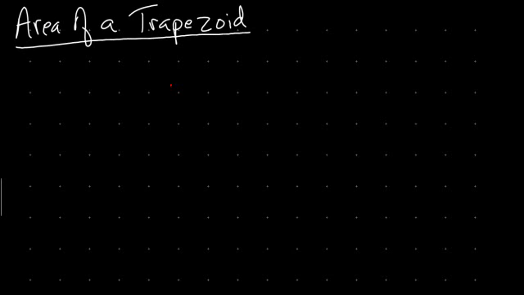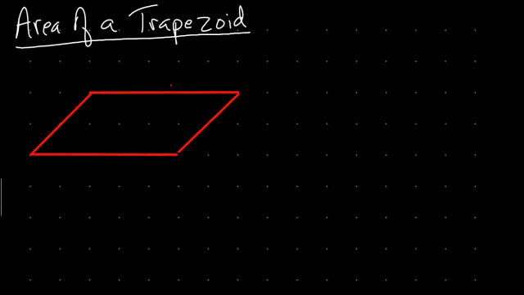Okay. So in the last video, we talked about parallelograms, which was just the top piece of a rectangle slid over a bit. It keeps the top side parallel to the bottom side, and the left side parallel to the right side.